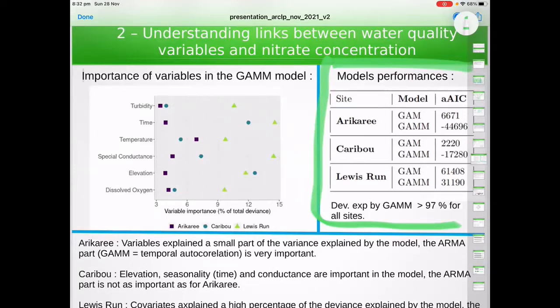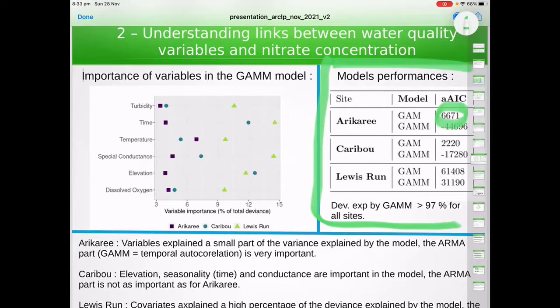The AIC dropped from around 6,000 to something like negative 44,000, and we know that the best model is the one with the smallest AIC possible.